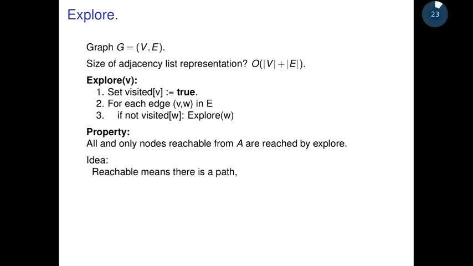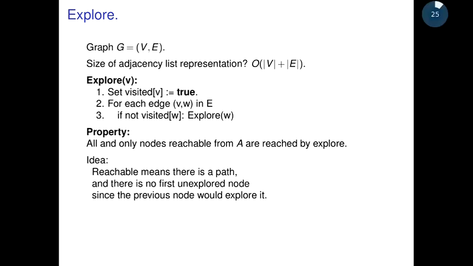Reachable means there's a path, and the argument for this property is if there is no first unexplored node on this path. Well, clearly the first node is explored, and then if there was a first unexplored node, the previous node would have been explored, which means explore would have been called on this node. Okay, that was the argument.